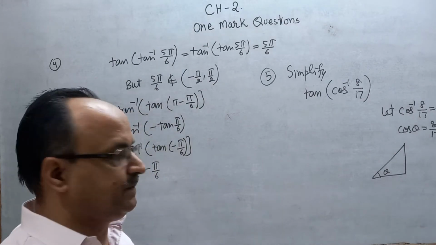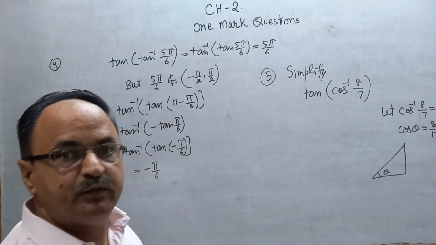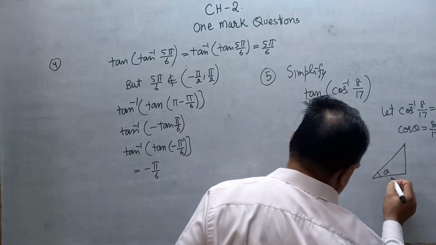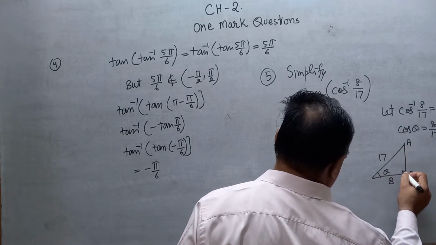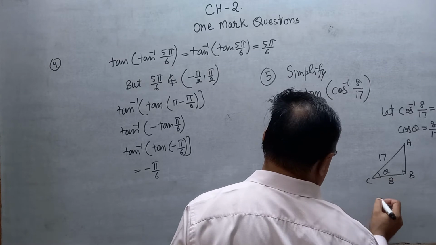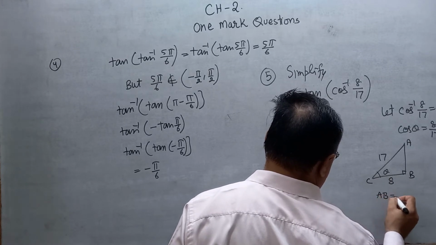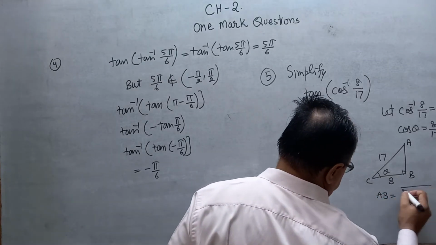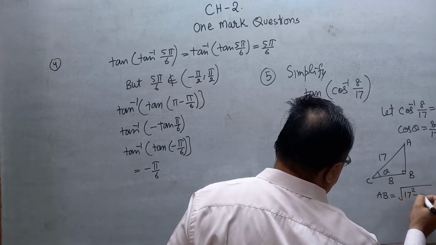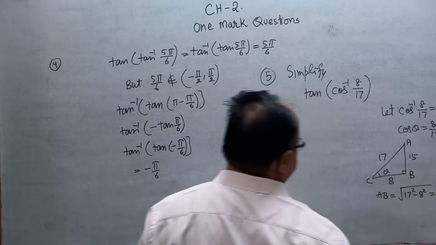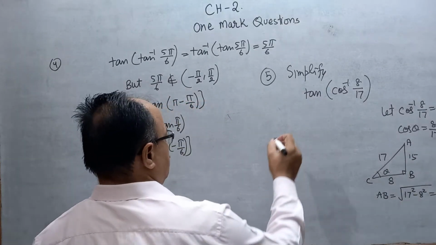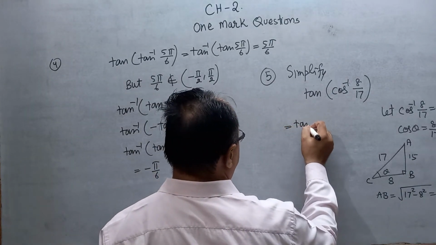Cos, you know very well, is base upon hypotenuse. That is 8, 17. Now, can you apply the Pythagoras theorem? With the help of Pythagoras theorem, can you find AB? 17 square minus 8 square, that is 15. Now, can you convert into tan?